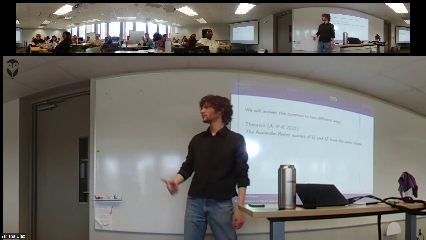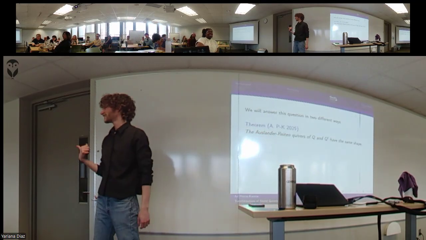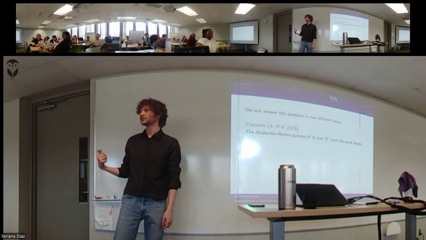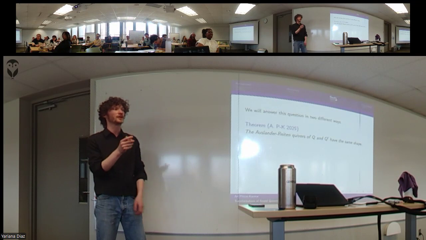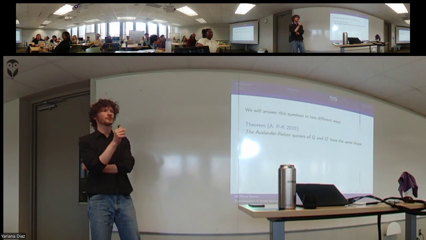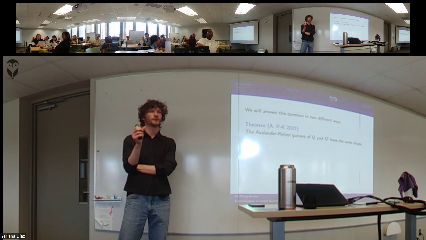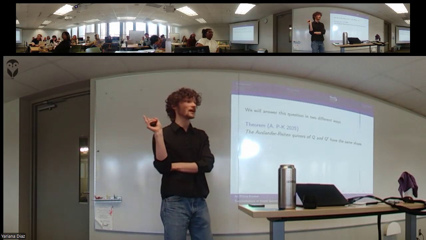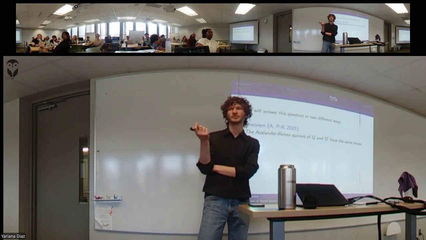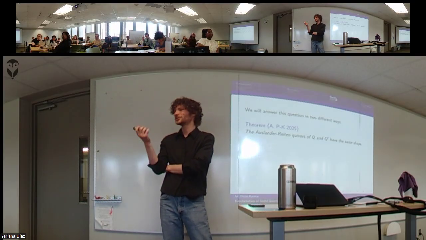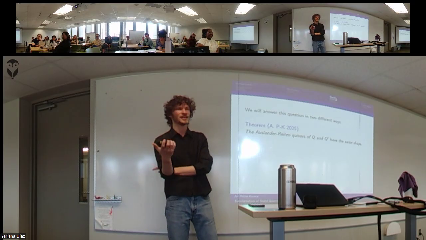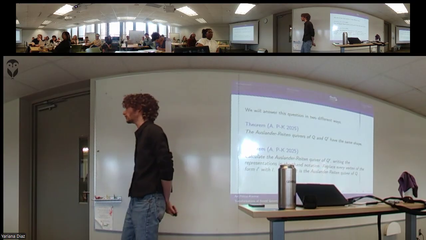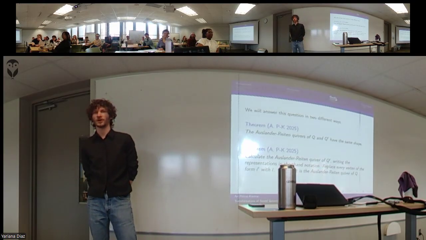The first is a theorem of Ari Pincus-Kazmar in 2025, which says that the outside and right quivers of Q and Q prime, I forgot to mention this, but that original bound quiver, I'm going to be referring to as Q, and that other transformed quiver, that'll be referred to as Q prime, have the same shape. But this is kind of a loose, intuitive, not very mathematical statement. And so we're going to make this better by giving an explicit construction of the outside and right quiver of Q from that of Q prime.